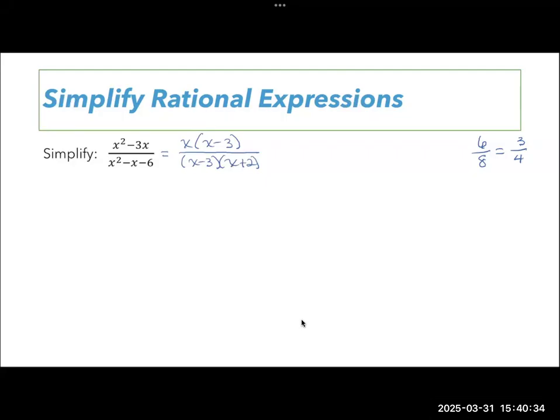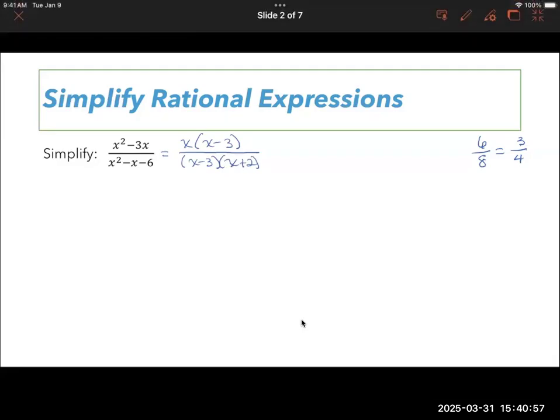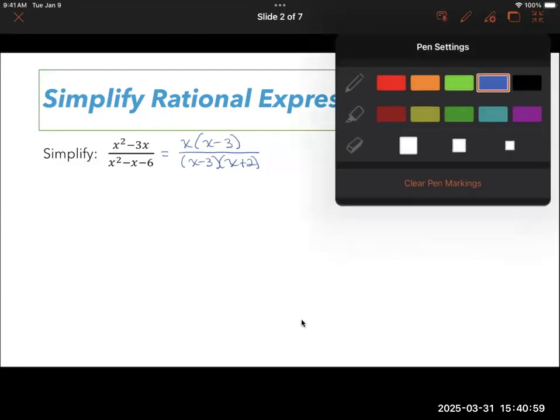Same idea with rational expressions. In order to simplify, we first need to factor the numerator and the denominator in order to see if there are any common factors. If there are, then we need to cancel those common factors out in order to simplify.